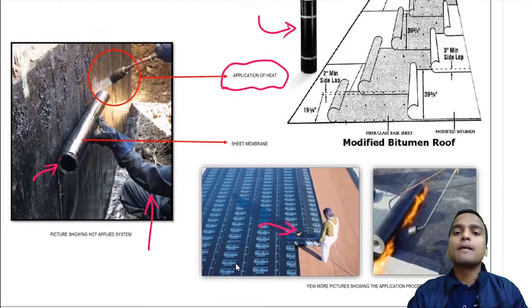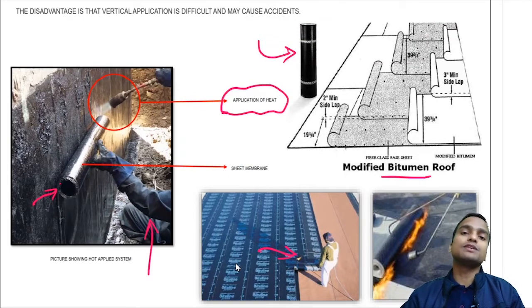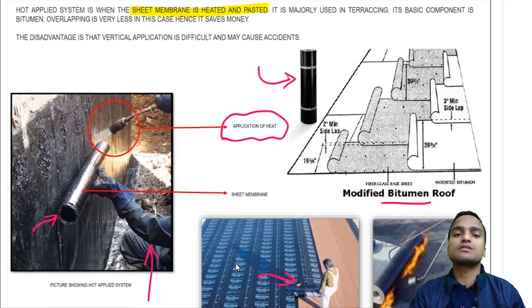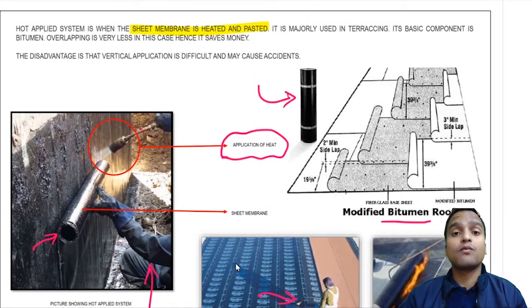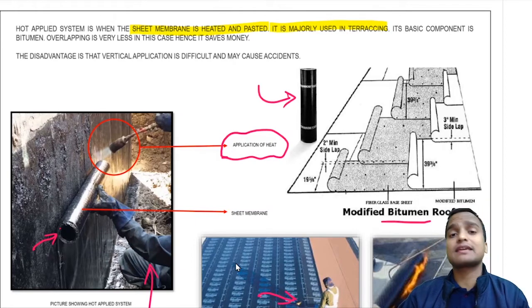Here bitumen is the main component, because bitumen has to be heated. Whenever we use bitumen, just like in road construction, bitumen is widely used and it is heated. This hot applied system is majorly used in terracing or on the roof, and its basic component is bitumen, like asphalt is the basic component in the cold applied system.